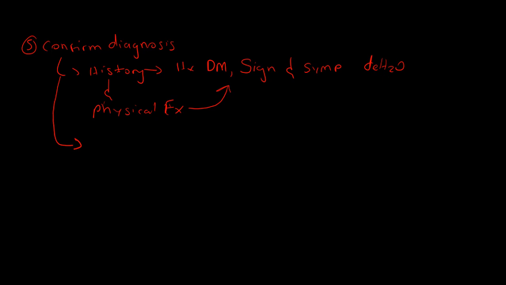And in addition to this, there's some biochemistry that is needed. So you're going to have to perform some biochemistry. Remember that here you're going to have a very high random blood glucose, greater than 11 millimoles. The other thing is that you're going to have increased ketones, greater than 3 millimoles in the blood or greater than 2 plus in the urine.